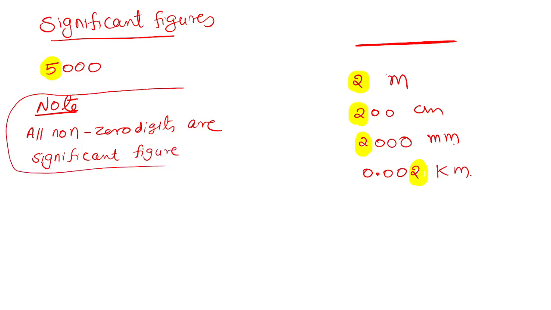In the case of 0, some types of 0 are not significant, but some zeros are important. I will explain which kind of zeros are significant and which are not. That part we will learn in the next class. So this part is clear? You have understood all non-zero digits are significant.